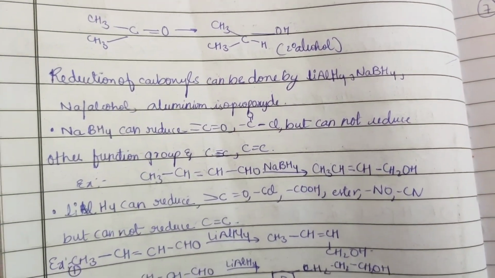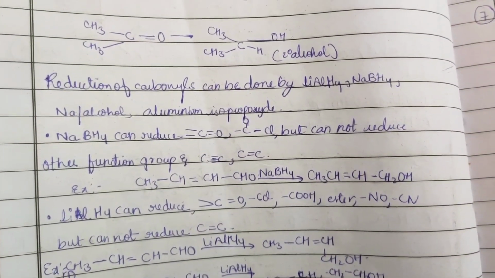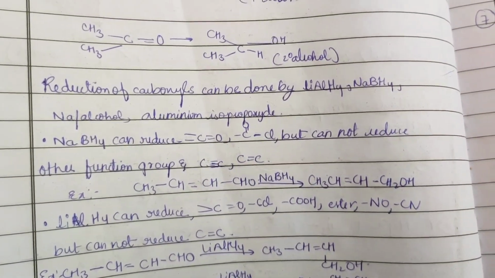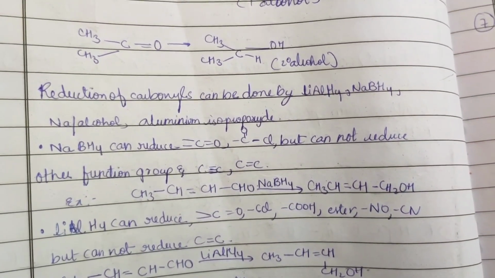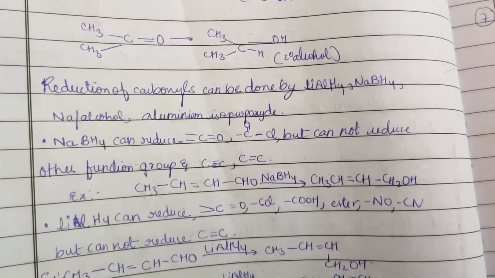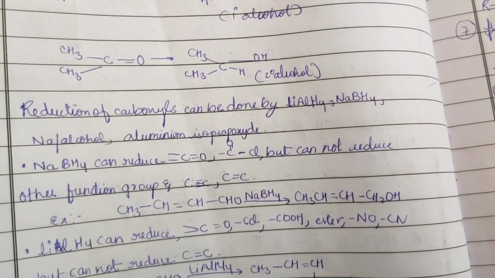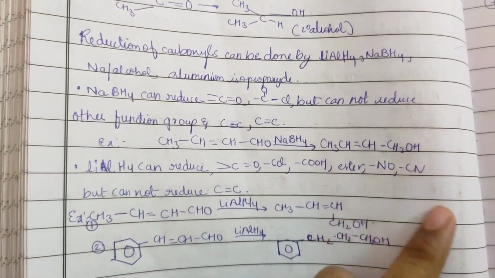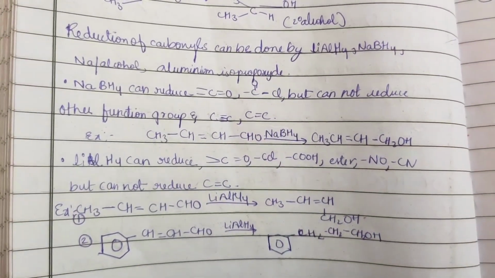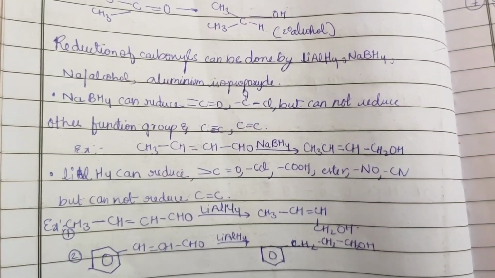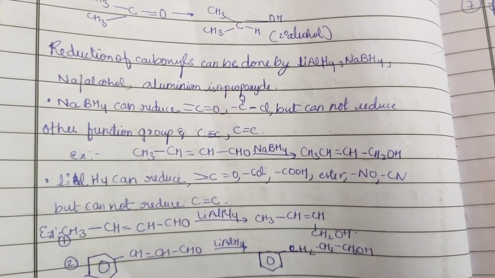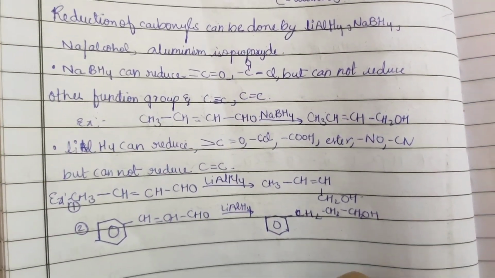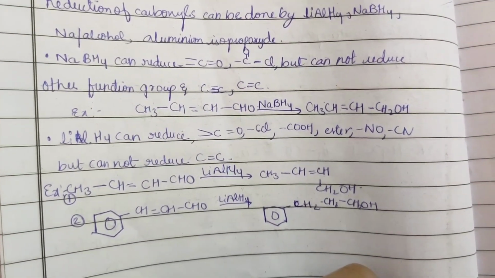Here NaBH4 can reduce C=O and C=O Cl, but cannot reduce other functional groups such as C≡C, C=C. For example, here you can see. Then LiAlH4 can reduce carbonyl groups, COCl, then COOH, ester, NO2, CN, but cannot reduce C=C. For example, here you can see.